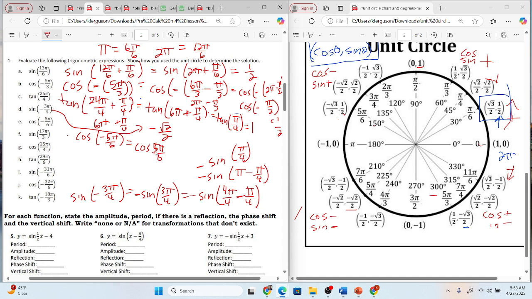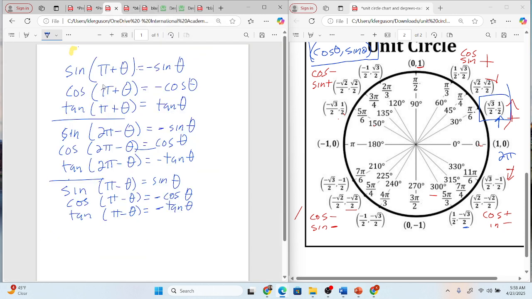And so now I'm trying to get 5 pi over 6. Well, that looks like that would be cosine of 6 pi over 6 minus pi over 6. You see how I get 5 pi there? And that equals cosine of pi minus theta, and cosine of pi minus theta is negative cosine.